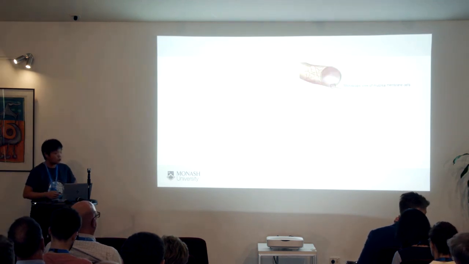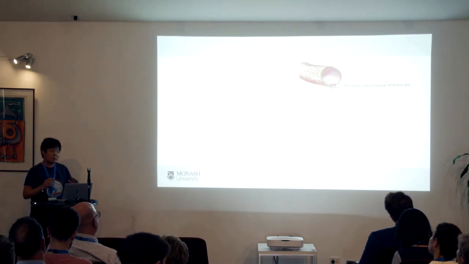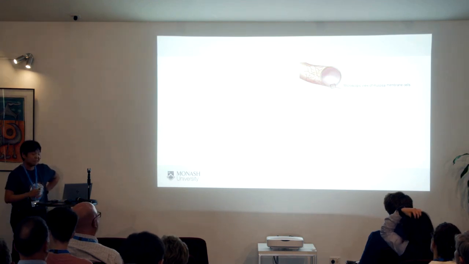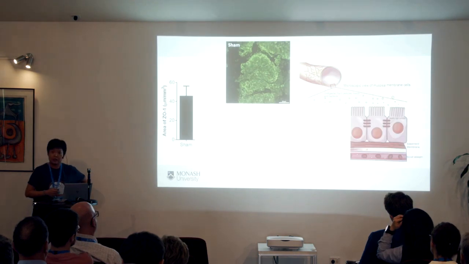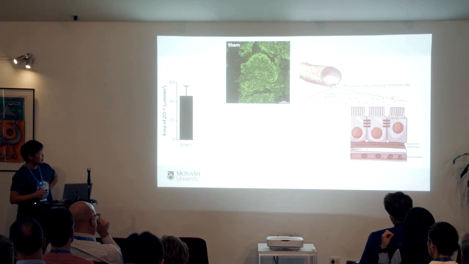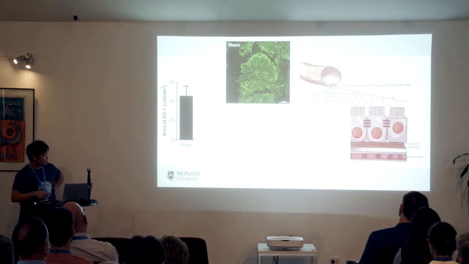Now, if we take a closer look at this gut barrier, this is a very effective barrier that protects us from danger and what's happening in the gut lumen. It's made up of millions of epithelial cells that are tightly joined together with a specialized protein family called the tight junctions. Now, we can study these tight junctions by doing immunofluorescence staining of ZO-1, and obviously we can quantify this.